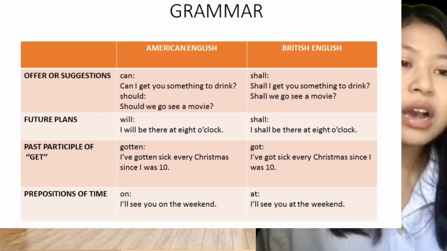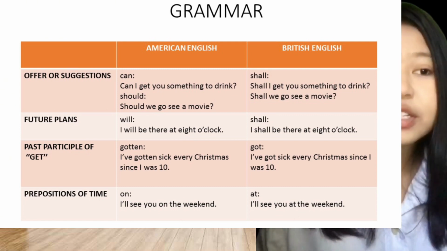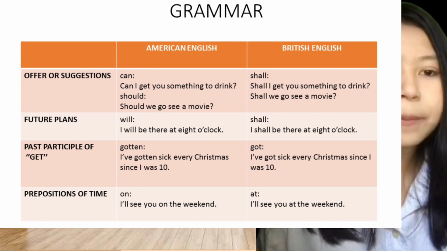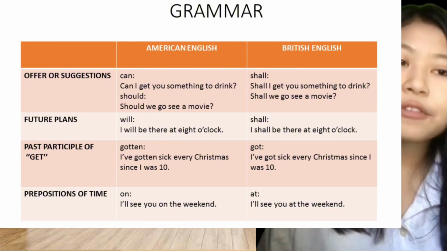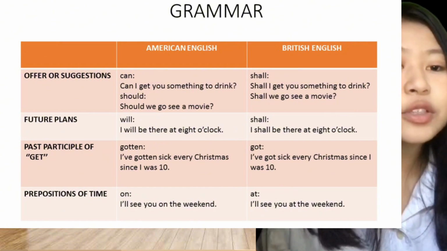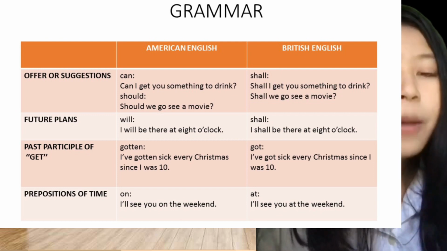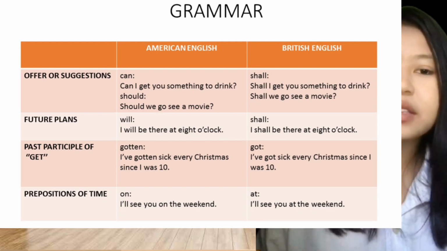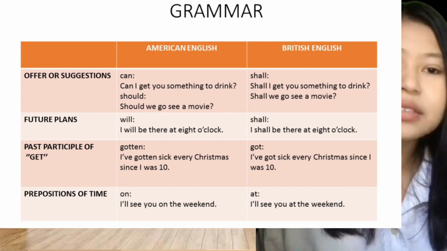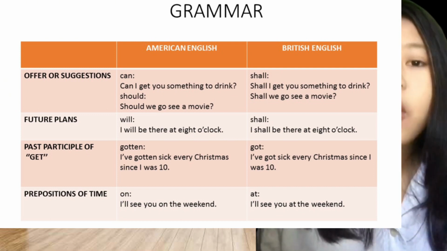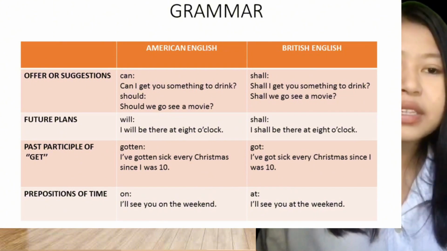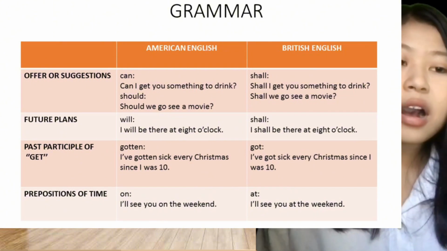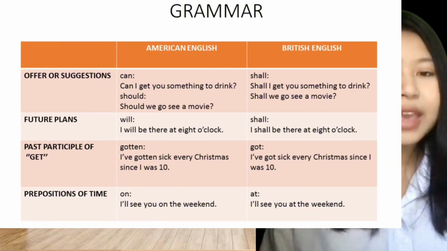So they say, "I've got sick every Christmas since I was 10." Then the prepositions of time. American English is most likely to use on, meanwhile British is most likely to use at. For example, in American, "I'll see you on the weekend." In British English, "I'll see you at the weekend."